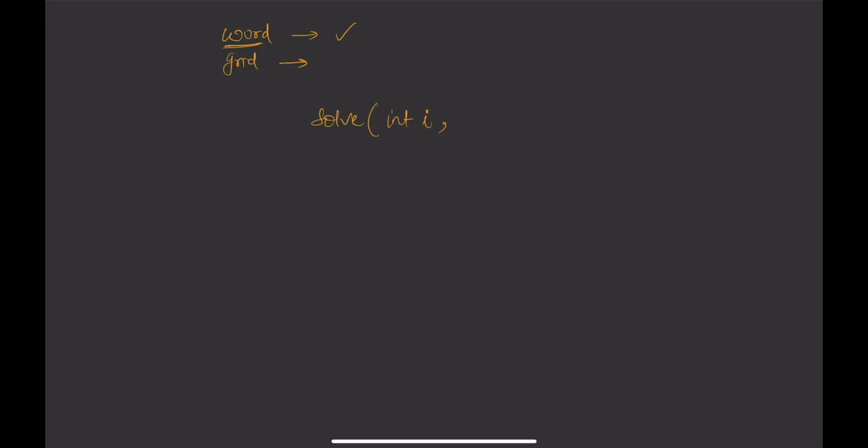Got it. So if this is the word, I'm processing this index I. It also depends on where I am, so I need to be at some position. Let's say x and y.